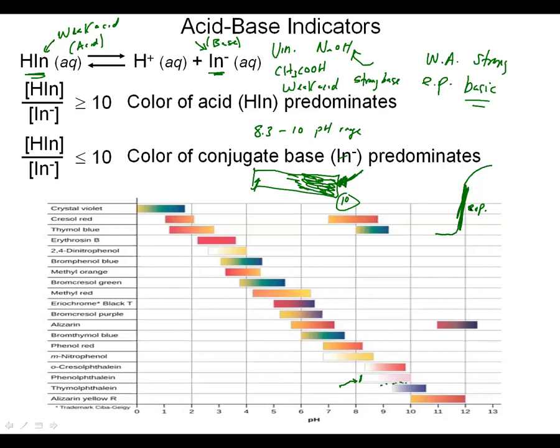Even if you did see a pretty big jump in color, adding basically one drop at a time, even though you probably jump way high up in terms of the pH, volume-wise you're probably still pretty close to the equivalence point because it does go vertical there.